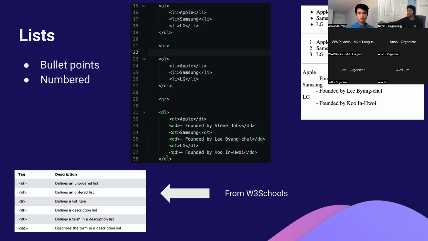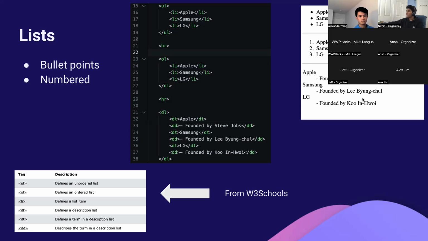Then we have this description list. It'll look something like this, where we have a term that we're defining, and then the actual description part of it. Here we have Apple, and then this description, founded by Steve Jobs.